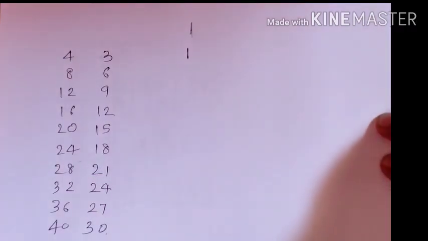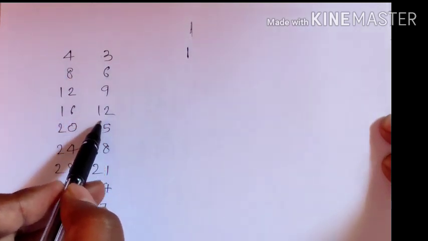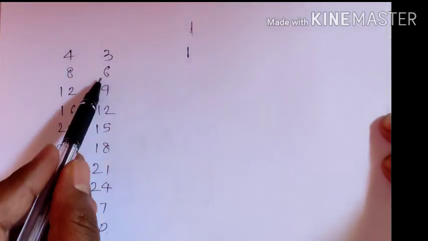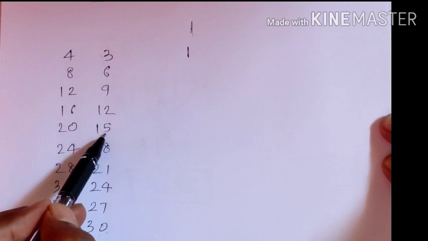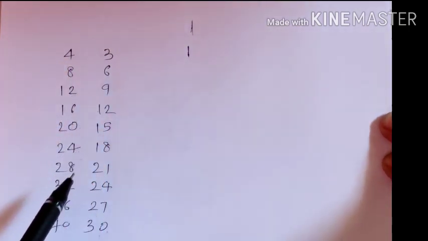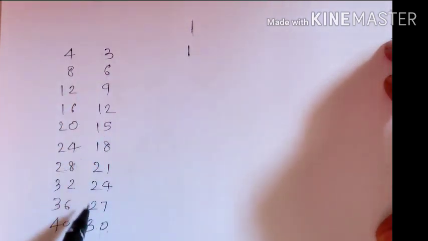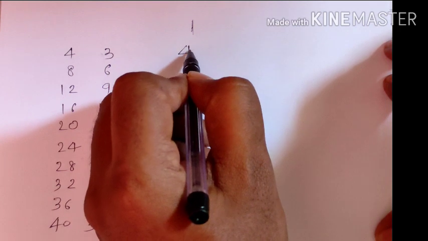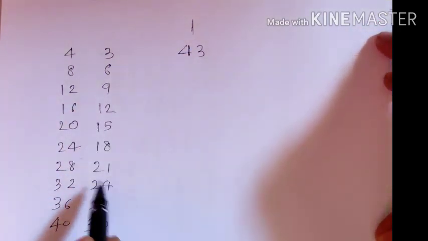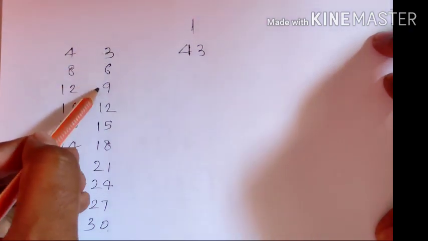Let's start. Now in the 43 table, the unit place of the 3 table is like this: 3, 6, 9, 2, 5, 8, 1, 4, 7, 0. This part is going to come as it is in the 43 table.